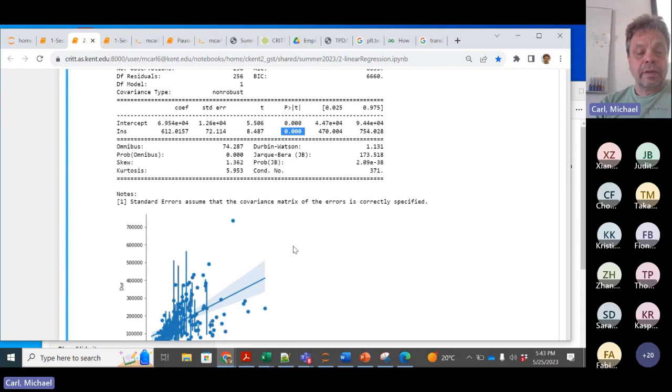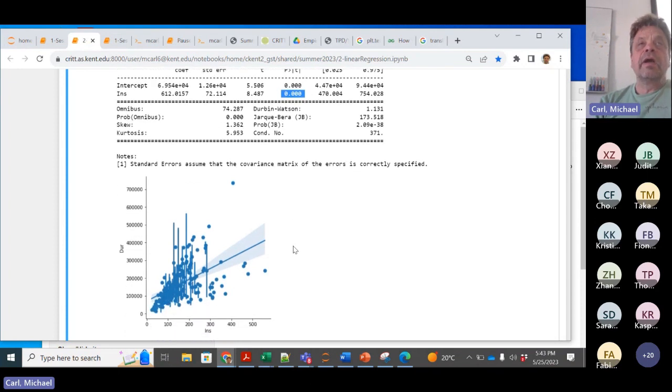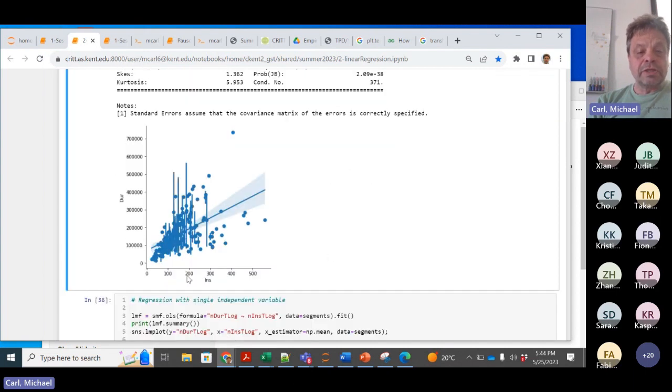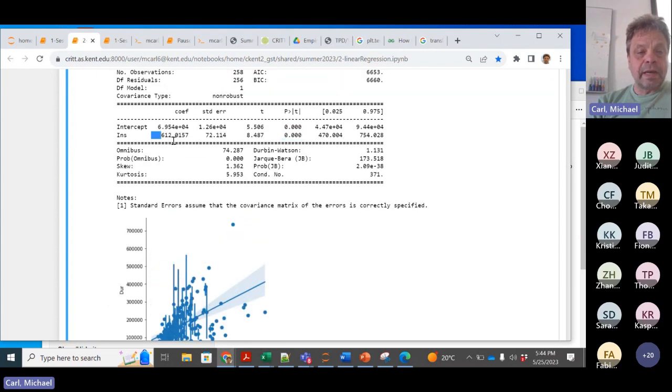Or at least we can reject the idea with quite high confidence that insertions do not have an impact on the duration, right? That would be the null hypothesis: whatever insertions a translator produces, it does not have an impact on the duration. And with this analysis, we can reject this.